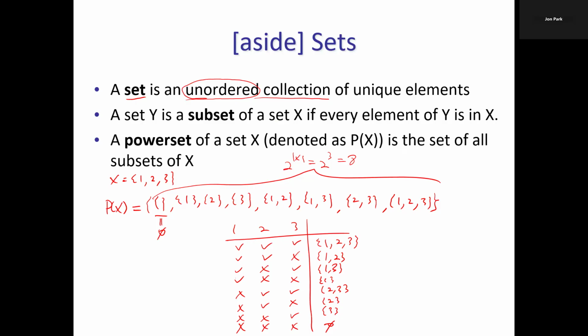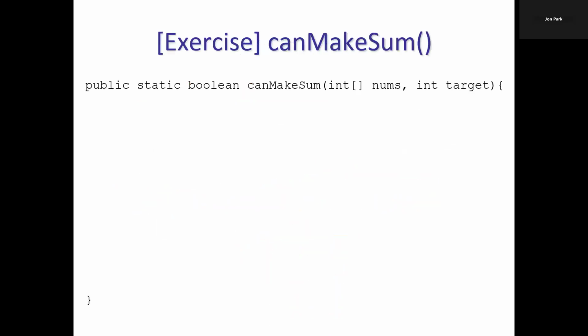Okay. So now, the question that we're going to solve is a method called can_make_sum. Takes in an int array. It's an array, so it's ordered, but we're going to assume that it's unordered. We're going to use an int array to represent a set.